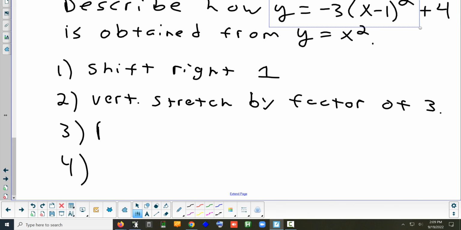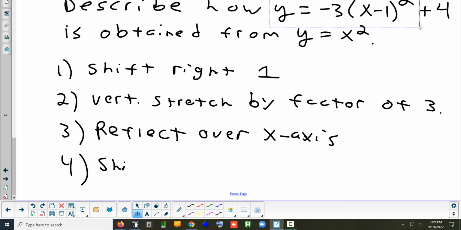Okay, so write that. Reflect over x-axis. And now we can deal with the +4, which is a shift up 4. So as far as transformations, that's about as complicated as it can get. It had everything. Can't really get any more complicated than that.